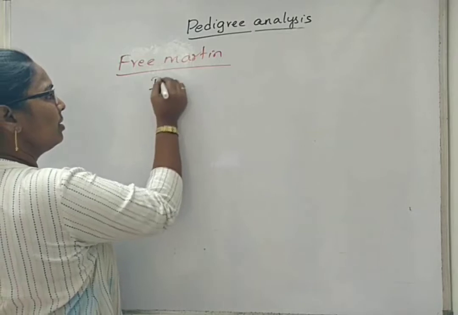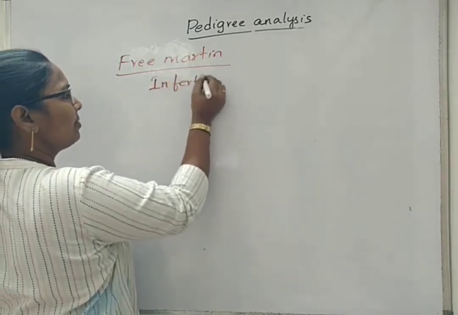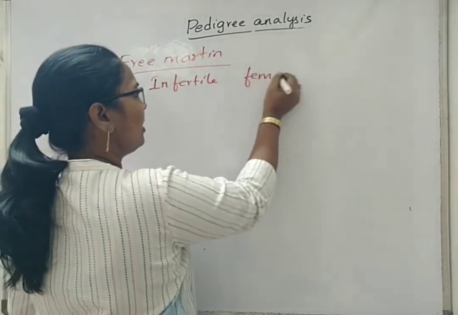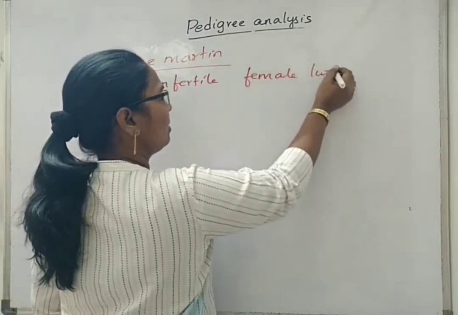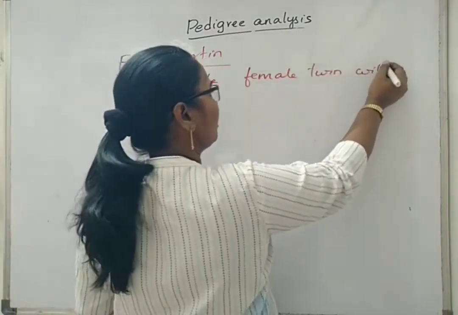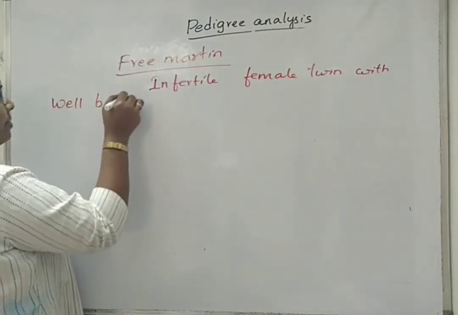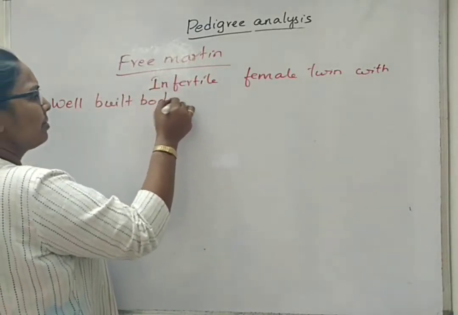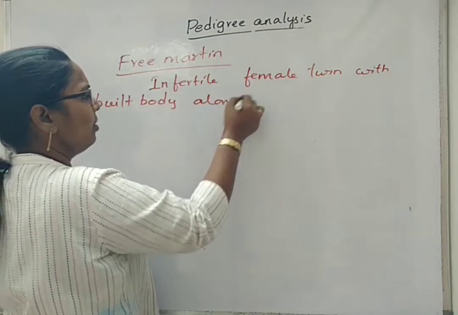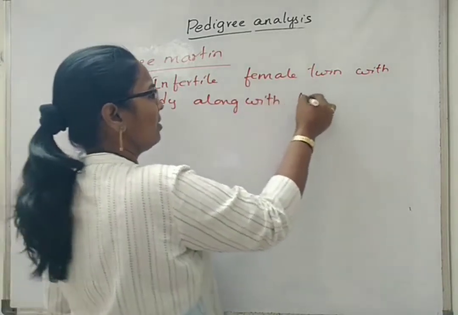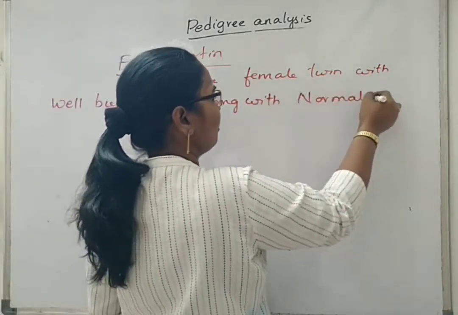So, an infertile female twin with a well-built body along with a normal male twin.